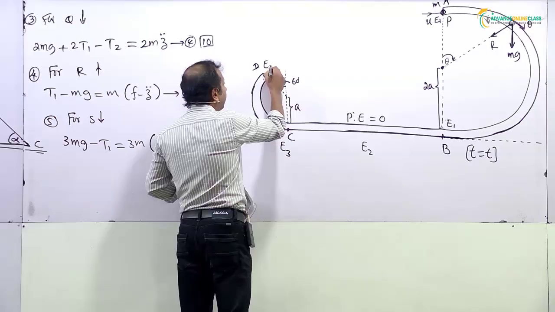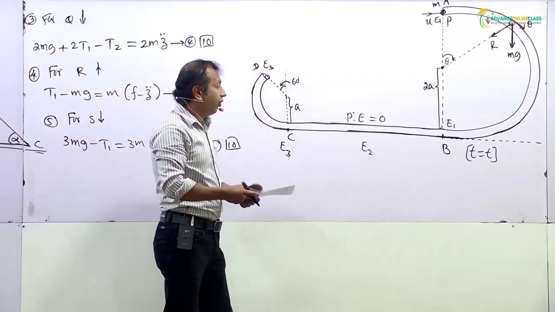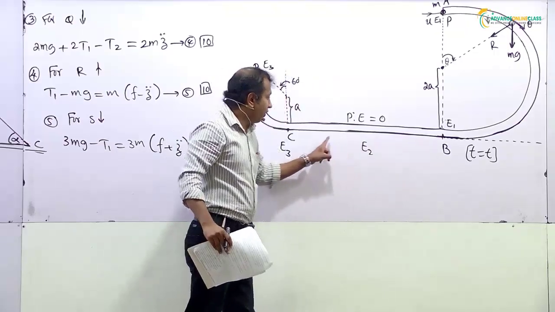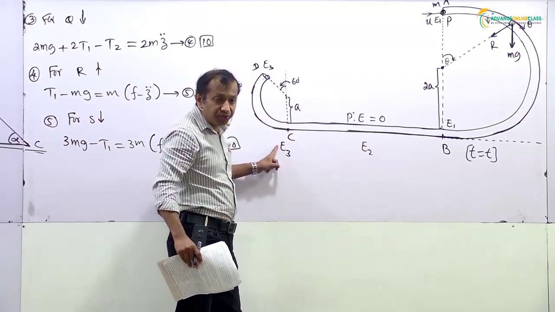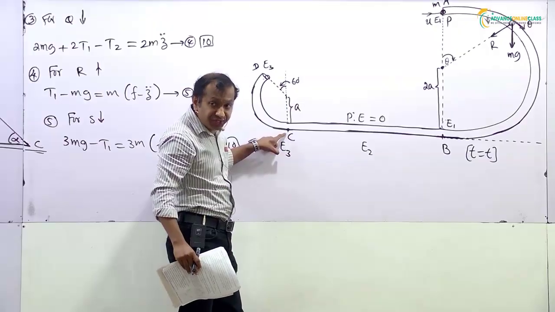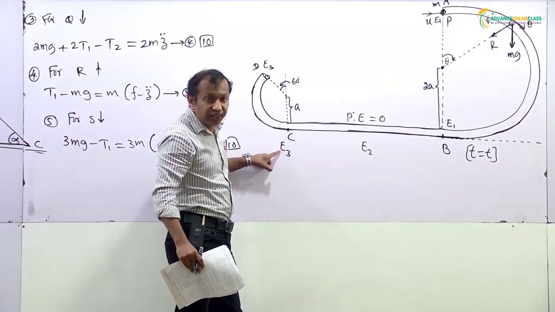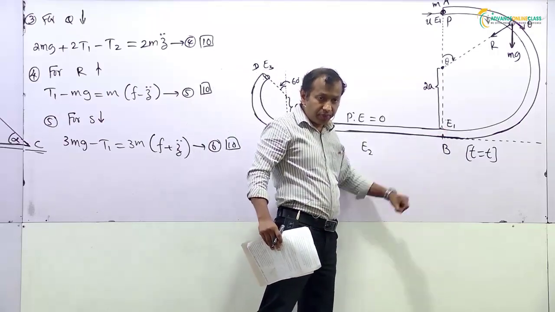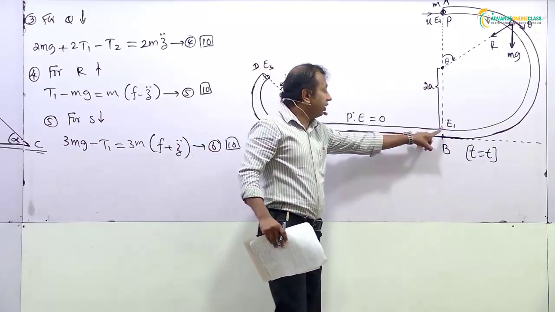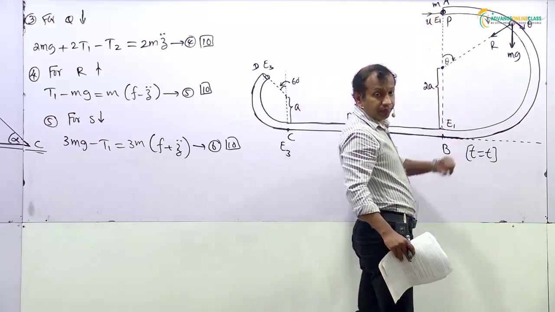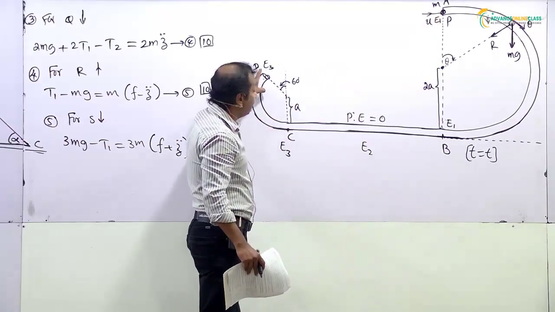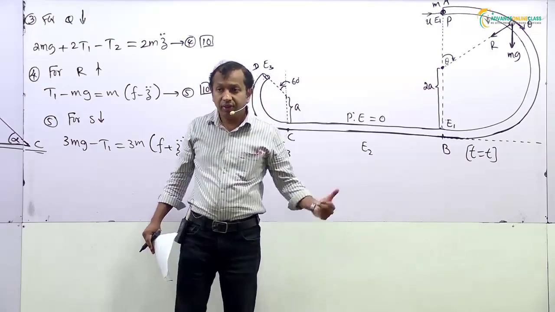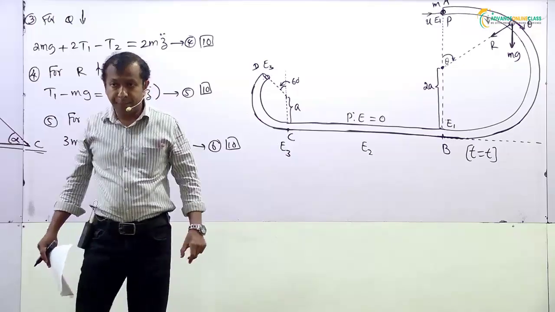So then, what is your equation? The spent energy moving from B to C plus when it reaches the point C, the energy E3. That means E2 plus E3 should be equal to E1. Understand? But E1 is equal to the energy here. E3 is the energy here. Understand? Then we can write the loss. Okay? Right.